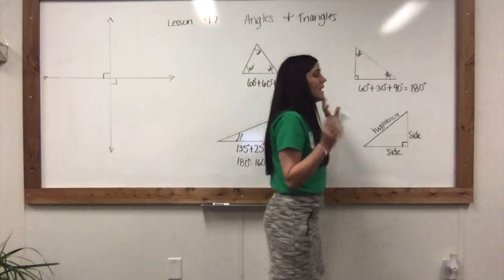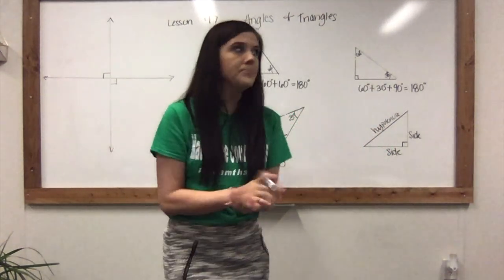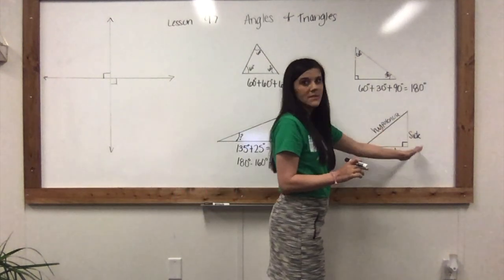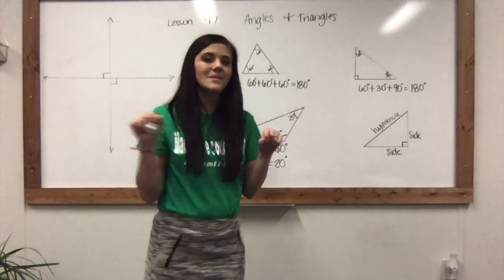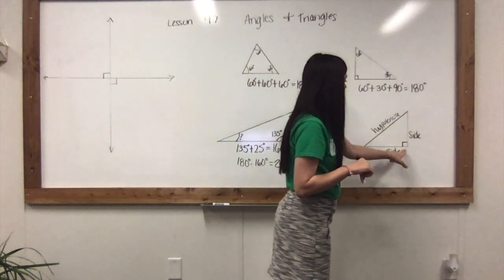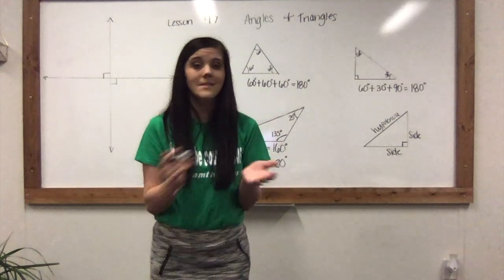Okay, so let's specifically talk about right triangles now. In right triangles, let's look at the outside, okay? Now we're not focusing on the angles within, let's look at the sides of the triangle. So we have two sides that are just going to be called sides, or sometimes you'll see them referred to as legs.